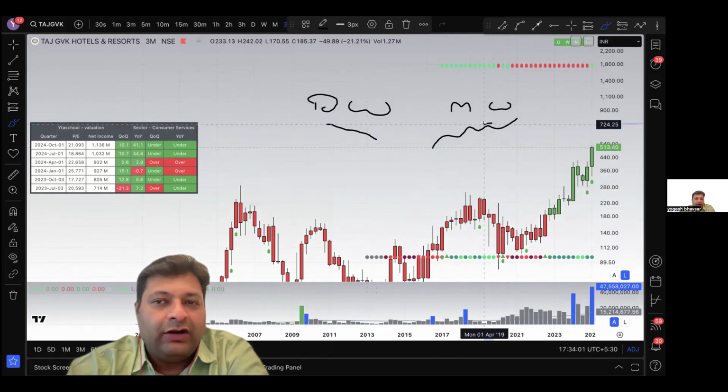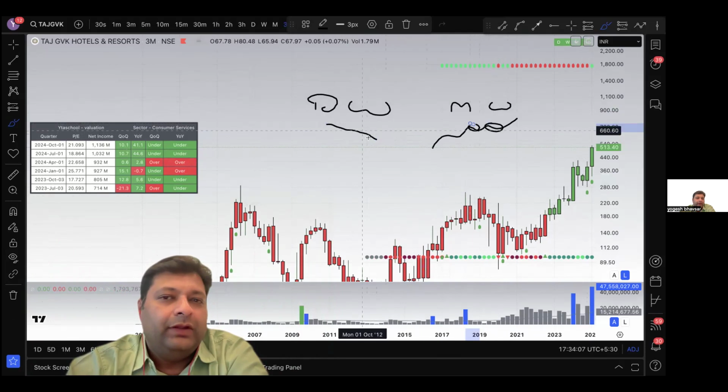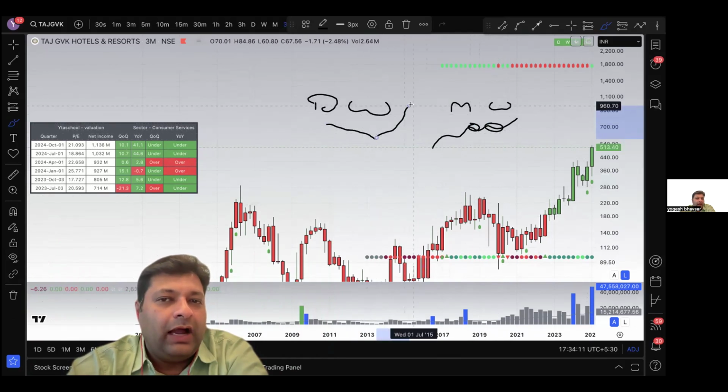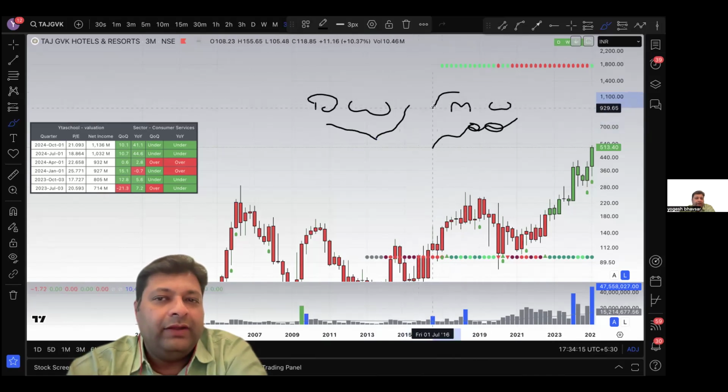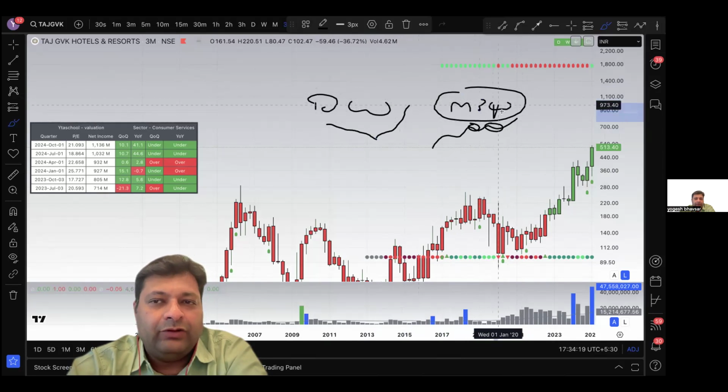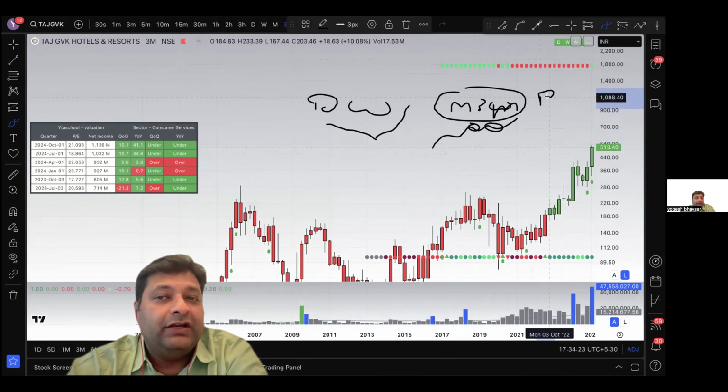You have shorted a small pullback, and the stock starts going up again in your previous direction. It's only because your higher time frames, monthly and 3 monthly, that is quarterly, are bullish in direction.